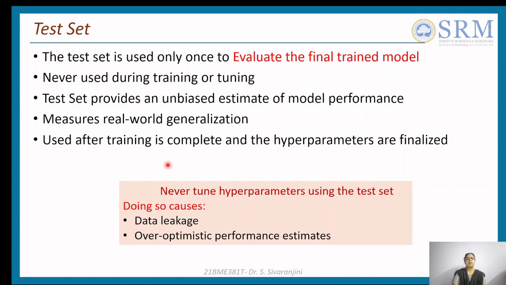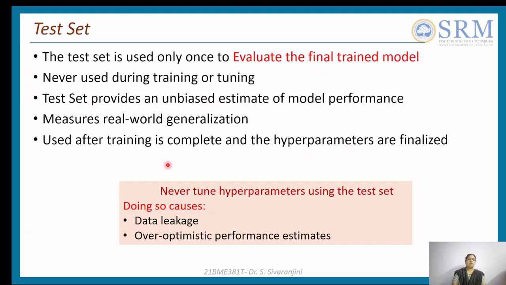All he has done is learn whatever he has been taught, and he does a practice examination for it. But when he goes for the real examination, he doesn't know how the pattern will be or how hard the questions will be. Nothing is known to the student. The same way, the test set measures the real world generalization of the entire model.